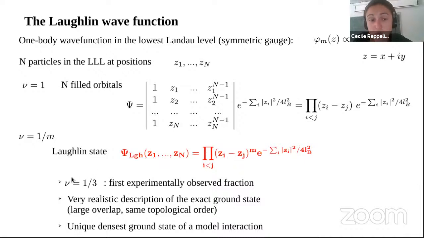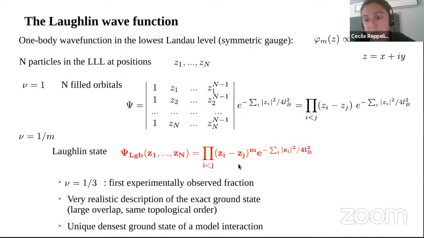So in particular, nu equals 1/3 was the first experimentally observed fraction. It has a quite large gap. And the Laughlin state captures the physics at this fraction really well. In fact, it has a really large overlap with the ground state of realistic Coulomb interaction projected onto the lowest Landau level, or even with some corrections coming from Landau level mixing and other things.